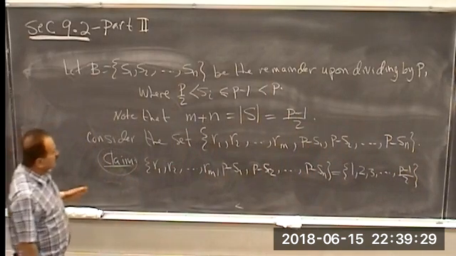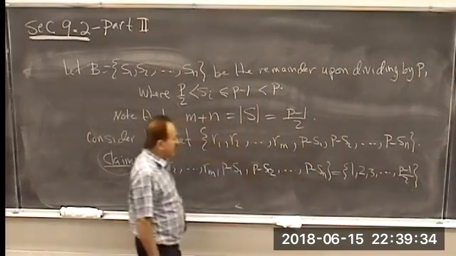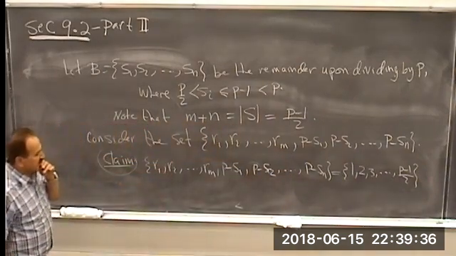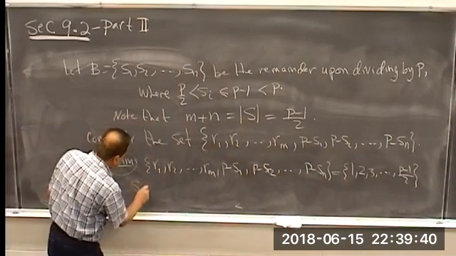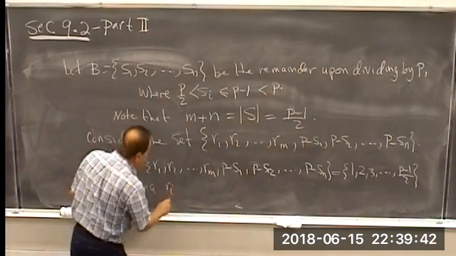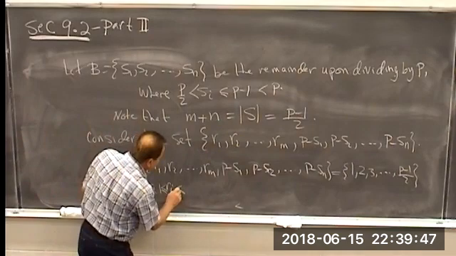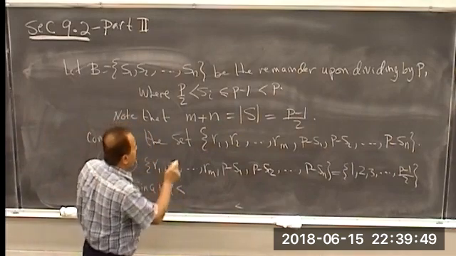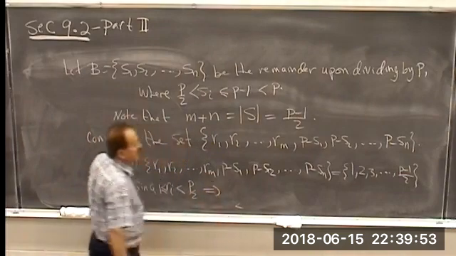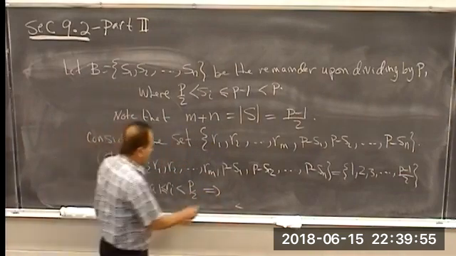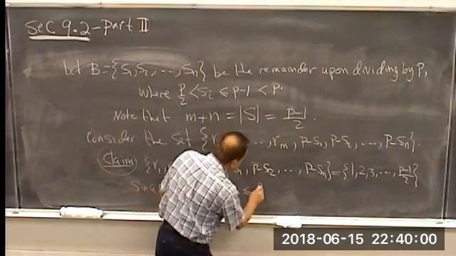Now we're going to do this by saying that every element in the set on the left-hand side is actually an element on the right-hand side. Now, since R sub i, by definition, is bigger than or equal to 1, and less than p over 2, this implies that R sub i is less than or equal to p minus 1 over 2.